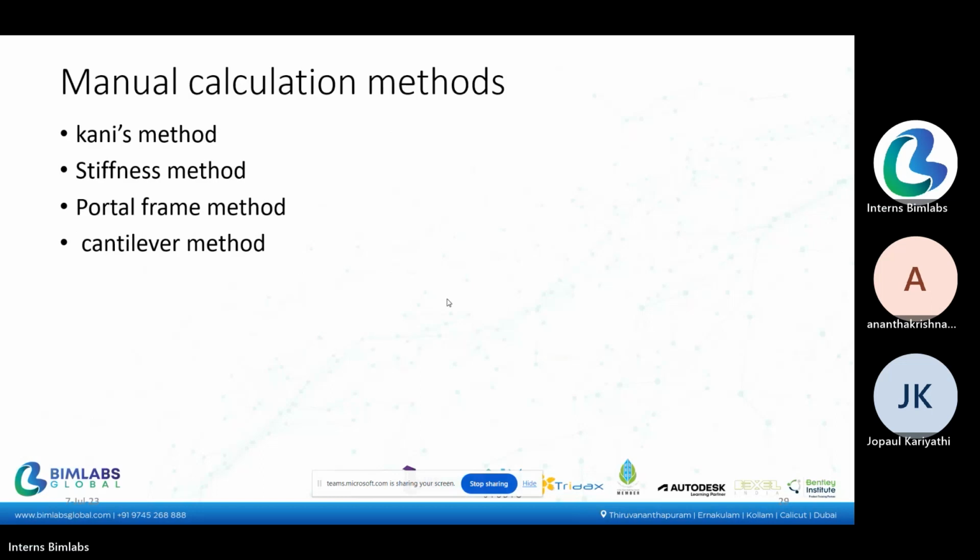So structural analysis can be done with manual calculation. We have Kani's method, and most of you might have heard of these methods. We learn them during our undergraduate programs in civil engineering: Kani's method, stiffness method, portal frame method, cantilever method, like that. There are so many other methods, and based on these we can do the manual analysis.